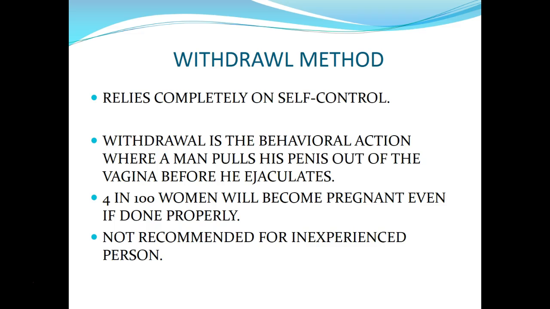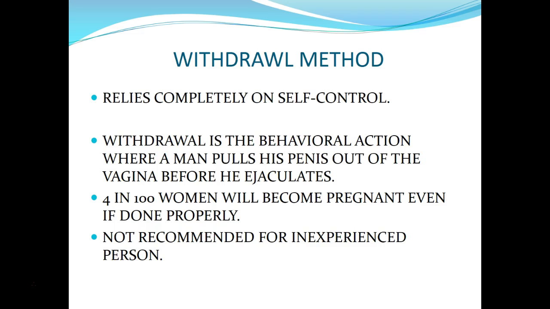What this means is that it's a behavioral reaction where a man pulls his penis out of the vagina before he ejaculates. However, this is the least effective method of birth control there probably ever has been.